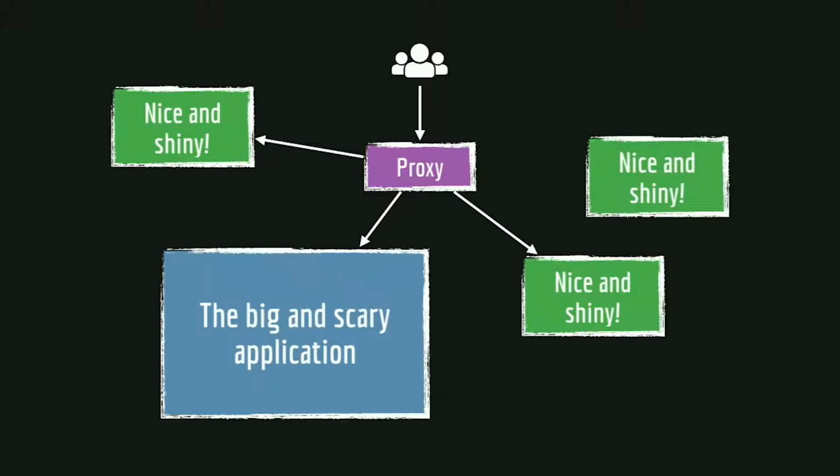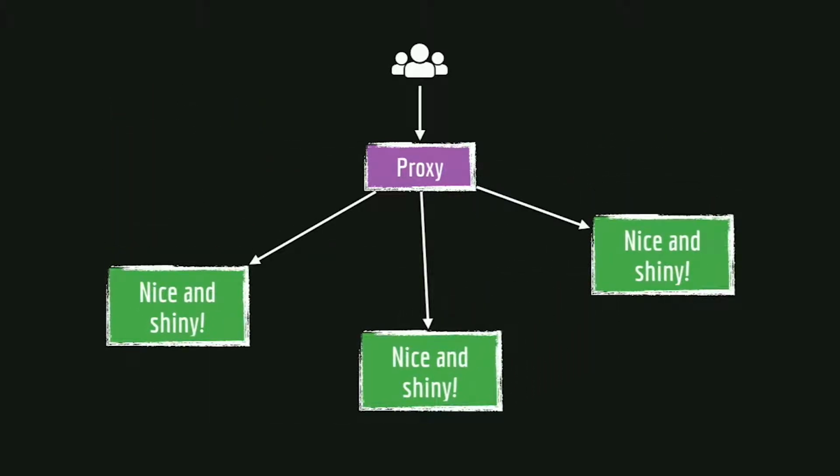And eventually, you will create more, do the same process, and there will be a point where this big and scary application won't be used anymore. Because, well, you have everything in a different structure, in a better structure, so you don't need that. And it gets strangled, it dies.